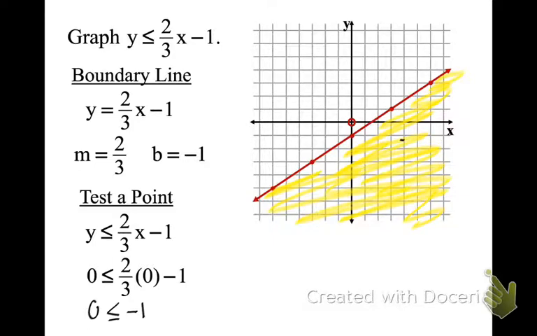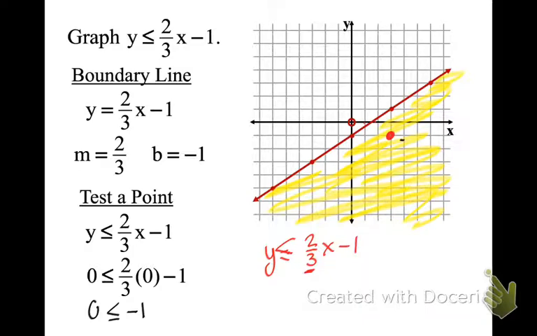So because this equation is y is less than or equal to 2/3 x minus 1, I want to choose an x with 3 in it, right? So 1, 2, I'm going to choose this as a test point.